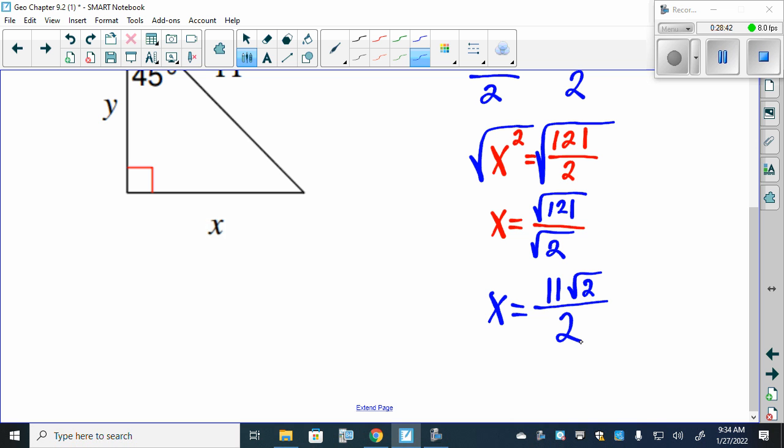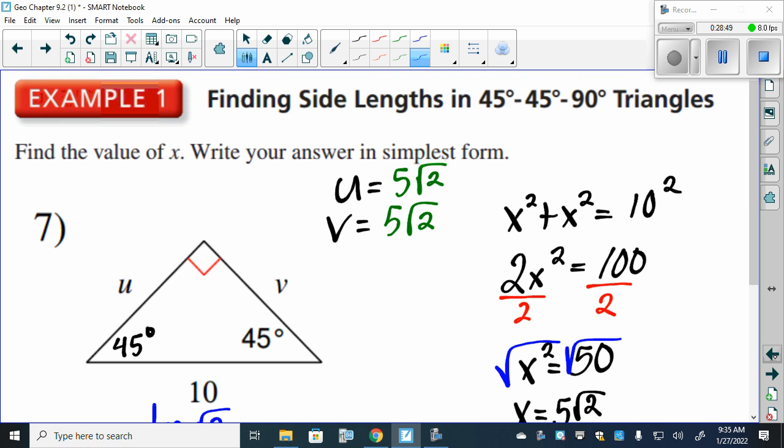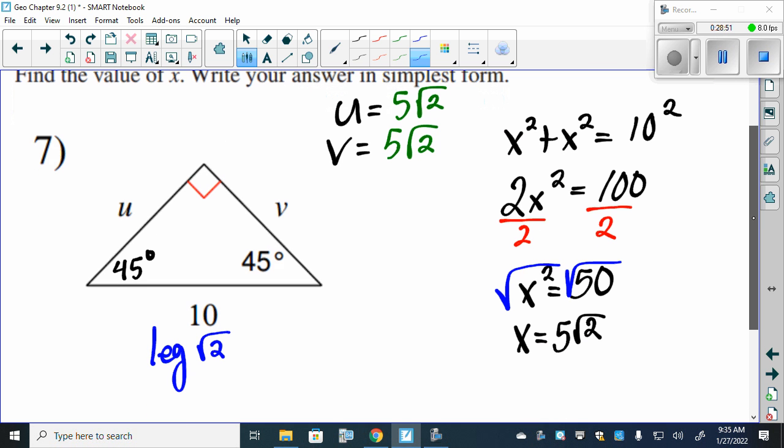Because what did you do with the last one to get 5 square root of 2? We had a hypotenuse of 10, and y'all gave me 5 square root of 2. How'd you get there? Before we did any of this process, Brian, you gave me 5 square root of 2.